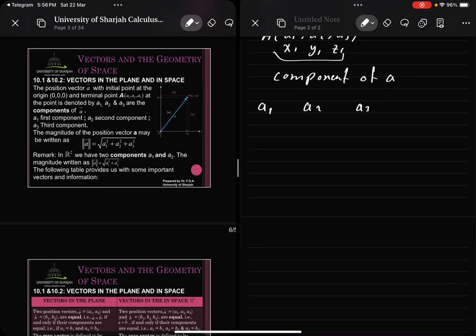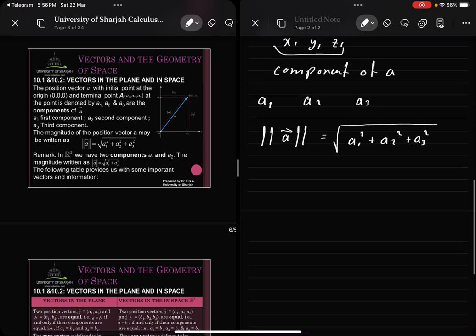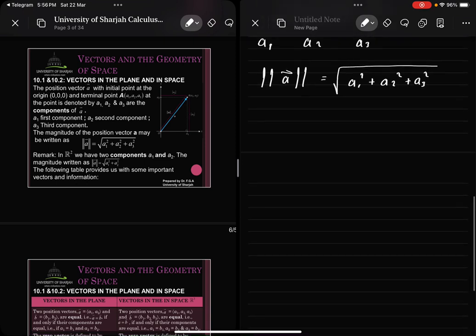If we want to find the magnitude of the position vector A, it will be the square root of A1 squared plus A2 squared plus A3 squared.